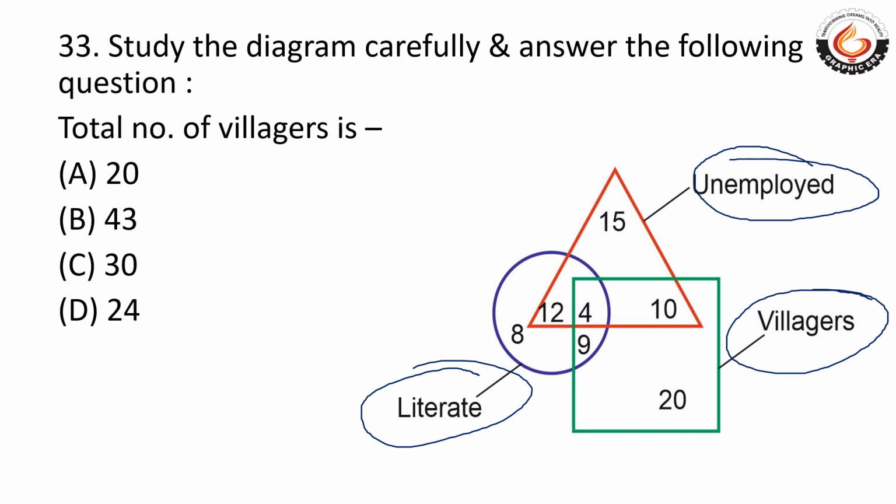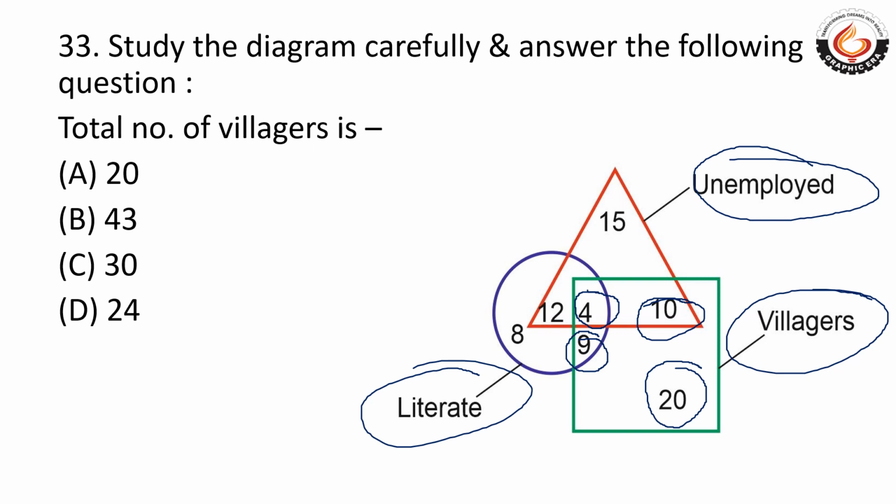Total number of villagers is... Up here, this is also counted in villagers. This is also counted in villagers. This is also counted in villagers, and this.